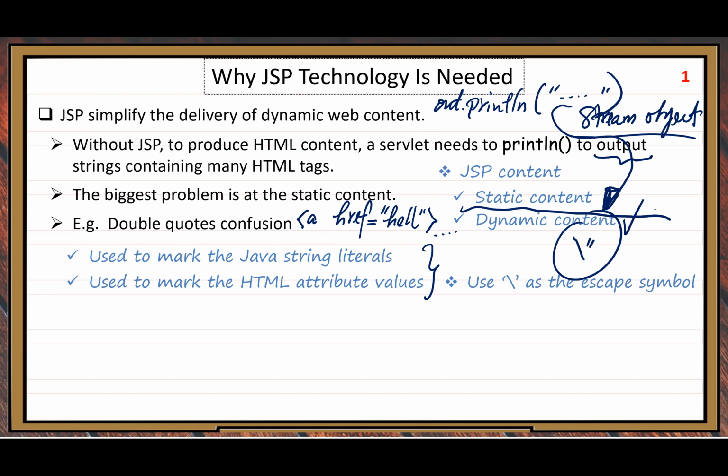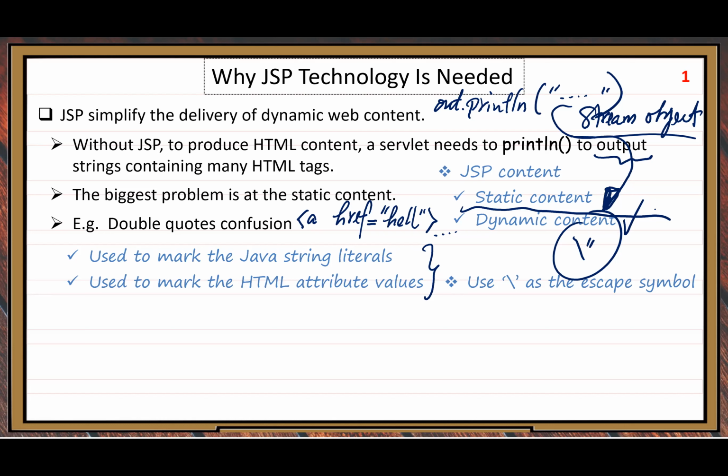Look at how many places you need to use backslash. Tedious work, right? That's the tedious work. But for HTML content, the nice way is to do nothing on it, right? Static content. Why do you do so much work on static content? Static is supposed to do nothing, right?